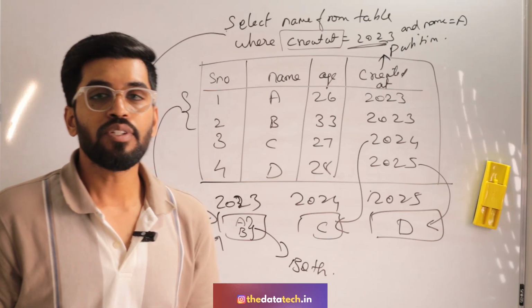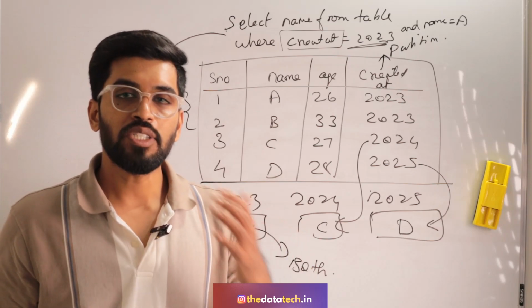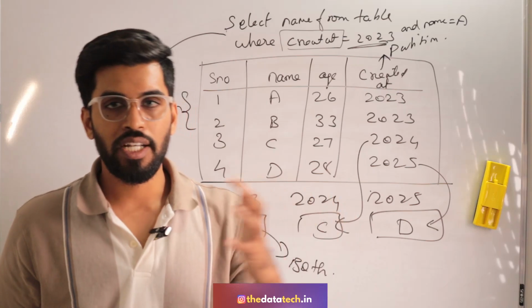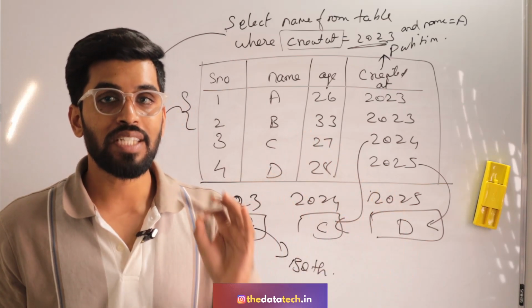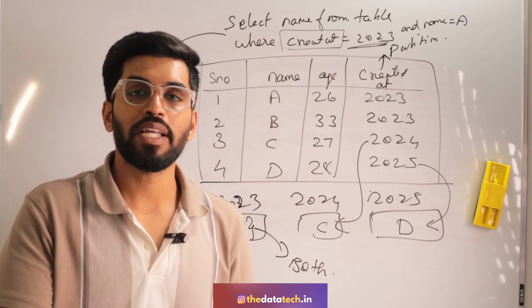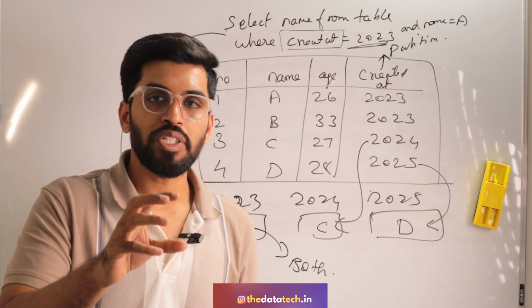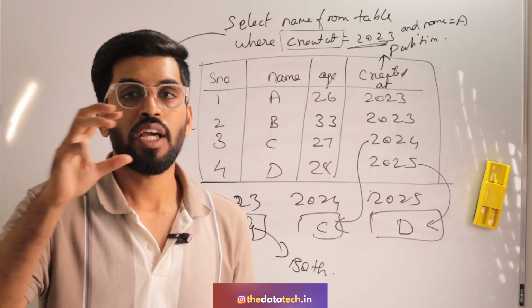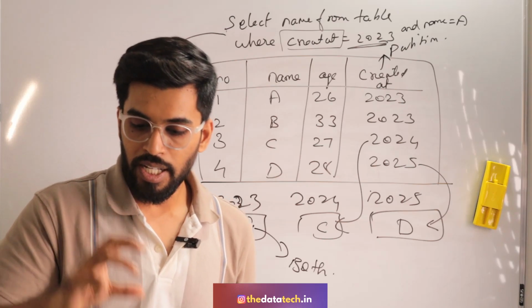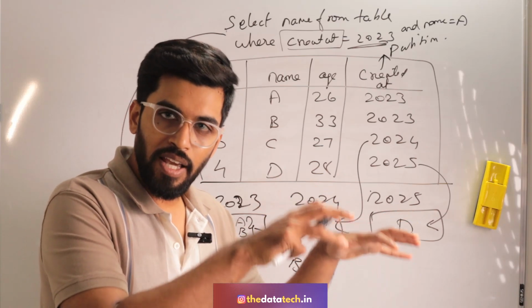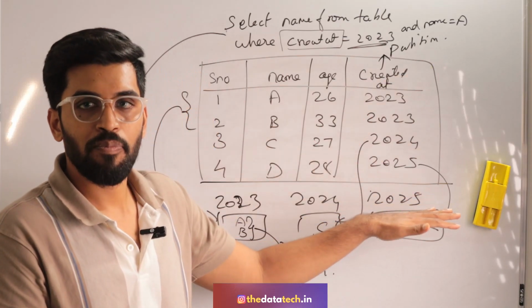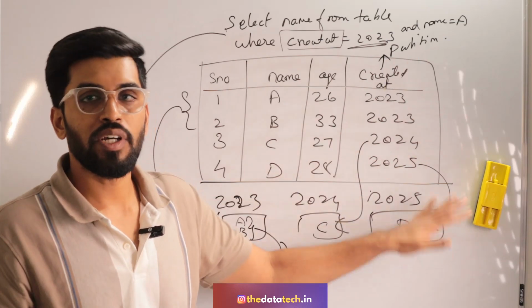Now, in partitions we have two types: static partition and dynamic partition. An RDBMS like MySQL supports static partition only. That means while creating a table, you have to mention create a partition for 2023, for 2024, for 2025, for whatever data exists in this column till date.